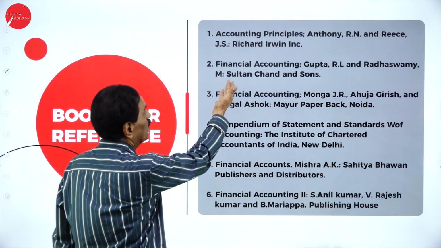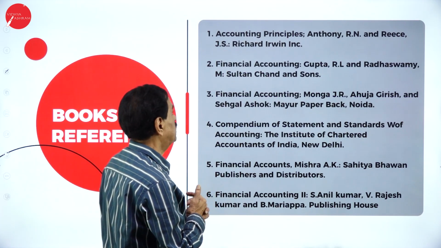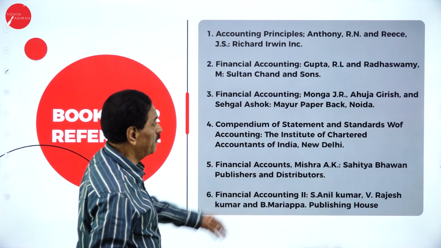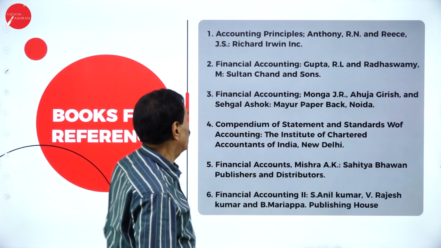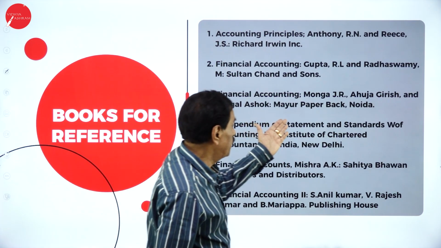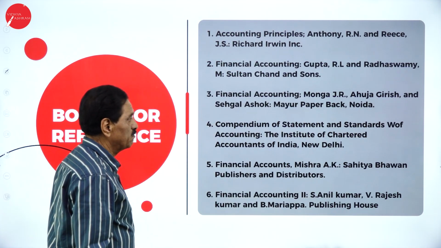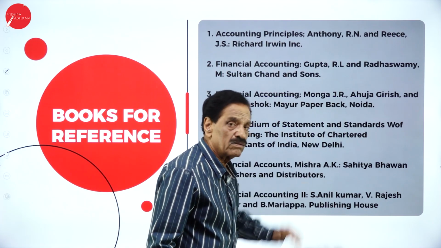You can go to Accounting Principles by Anthony R.N. and J.S. Richard Inman; Financial Accounting by Gupta R.L. and Radhaswamy M., Sultan Chand publication; Financial Accounts by Maheshwari, Mayur Paperbacks, Noida.